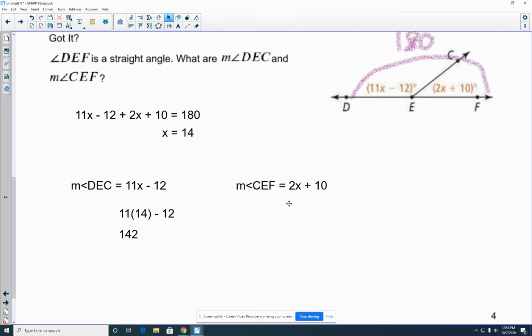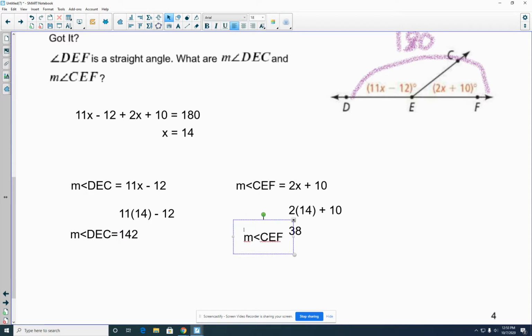And over here, you have 2 times 14 plus 10, which is going to give you 38. So the measure of angle DEC is 142, and over here, the measure of angle CEF is 38. And that is how we use the addition postulate for angles.